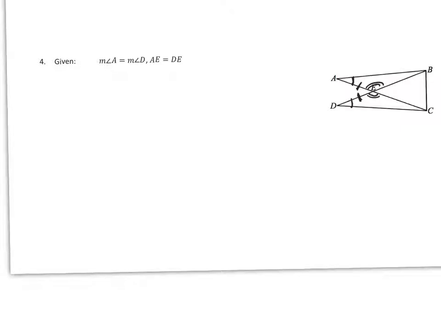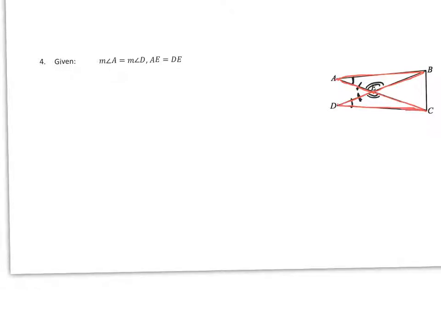And the two triangles I'm talking about are triangle ABE, which is this one, and triangle DCE, which is this one.